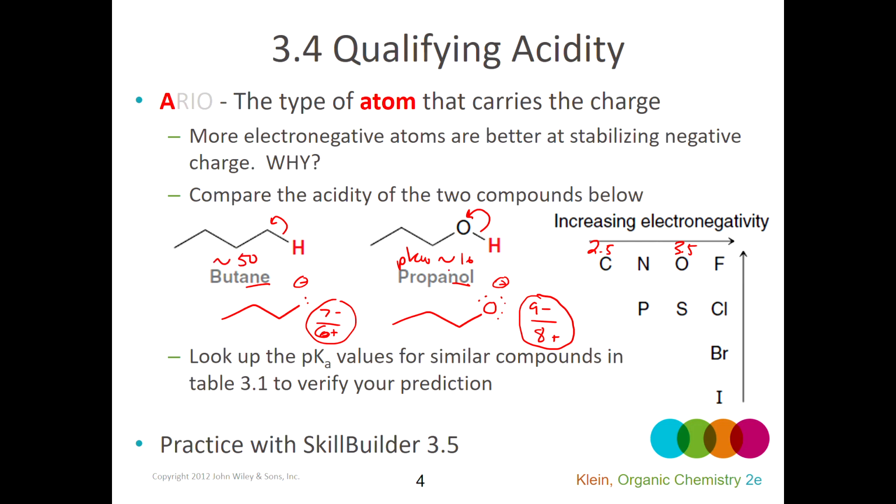It's a big difference. So that's why the atom comes before resonance, induction, or orbital in the acronym, because if it's a different atom carrying the charge, that often makes a very big difference in the pKa values that those acids will have with respect to one another.